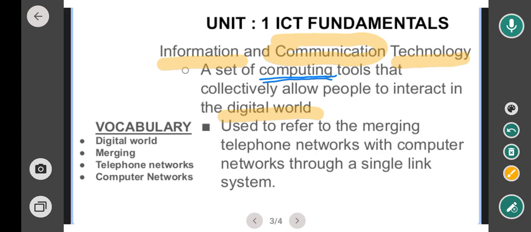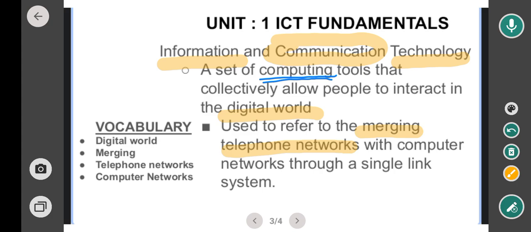Now, ICT is used to refer to the merging. What is merging? Merging means two or three devices or their functions are built into one set to perform their functions at once. It is used to refer to the merging of telephone networks. Here the question arises, what are telephone networks?